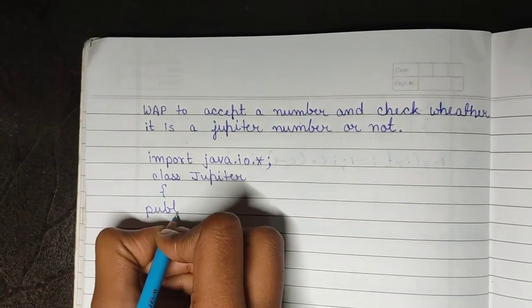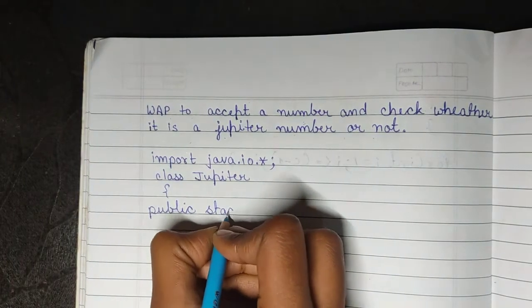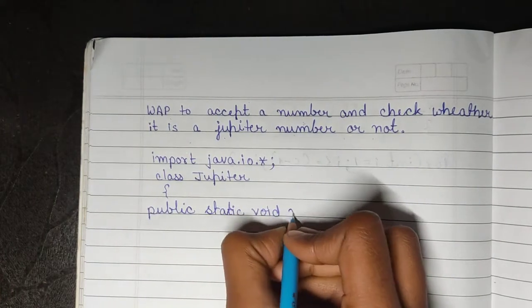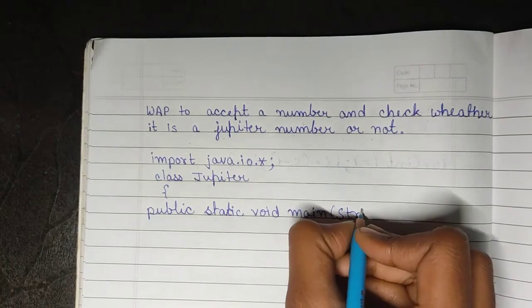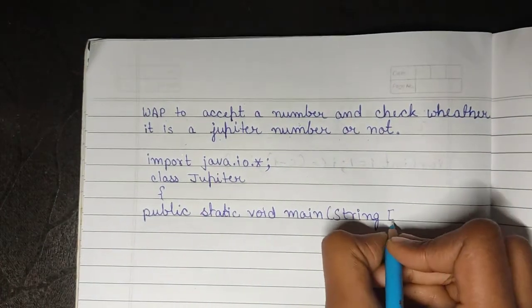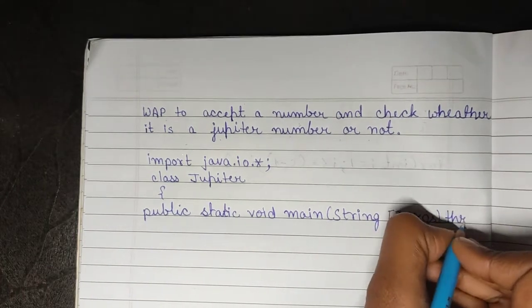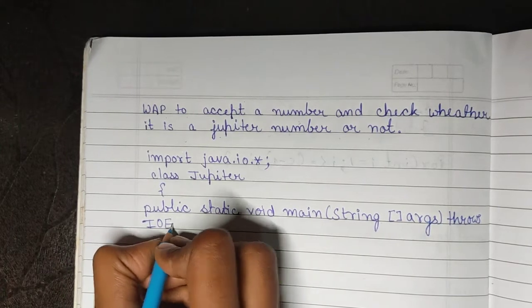Here is the main function: public static void main, String args, throws IOException.